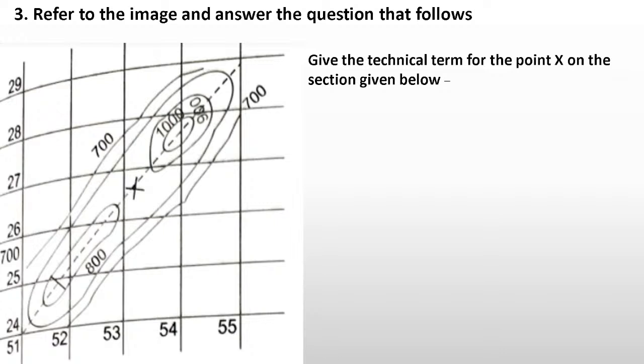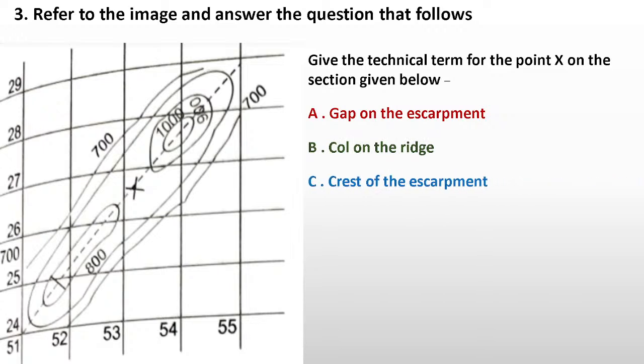And your options are A. Gap on the escarpment, B. Col on the ridge, C. Crest of the escarpment, D. Pass between 2 points. The correct answer, I expect you to answer.